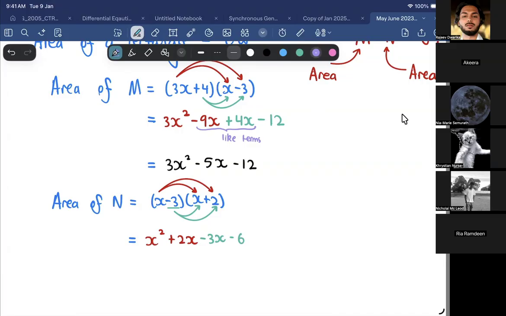What are the like terms? It'll be 2x minus 3x. So it will be x squared minus x minus 6. That's correct. Am I missing anything?